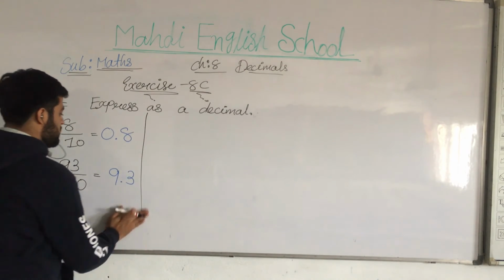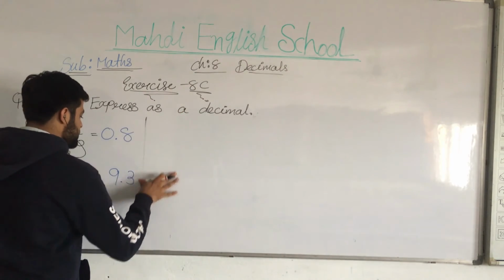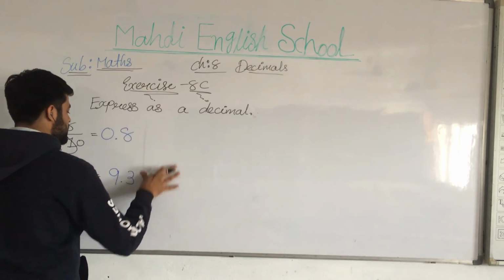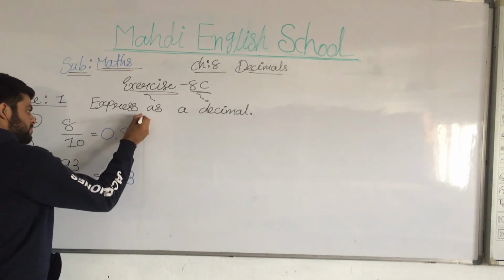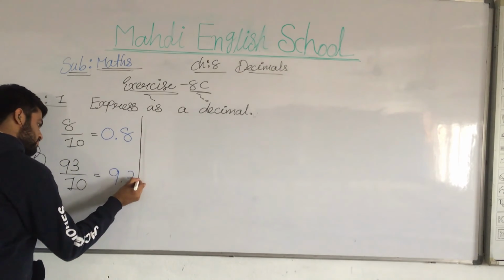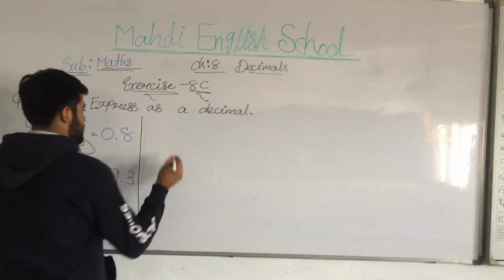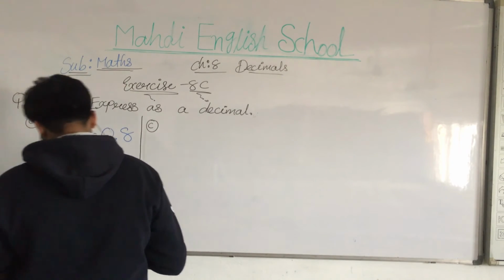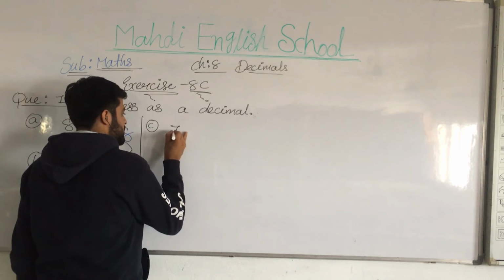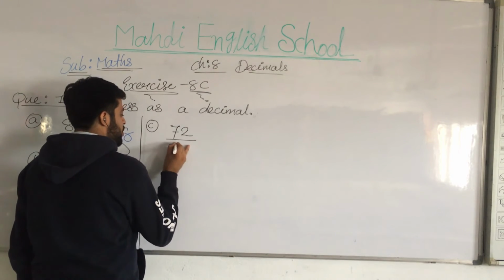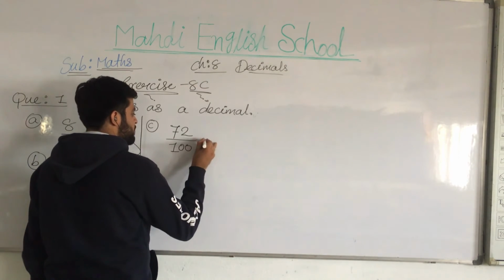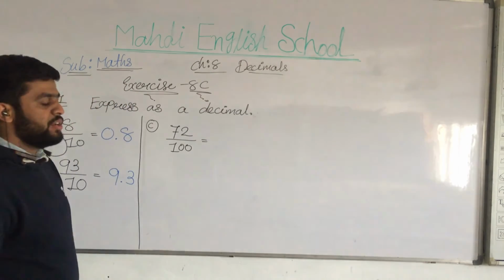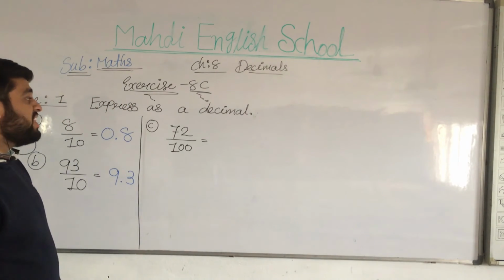Now we will move on to question number C, my dear students. I hope you all understood. Let's check question number C: 72 upon 100. How do we convert?